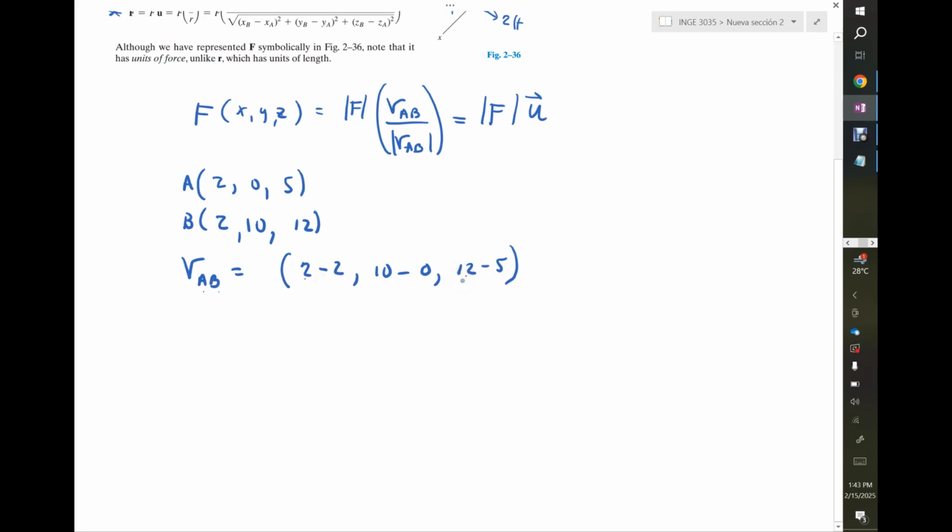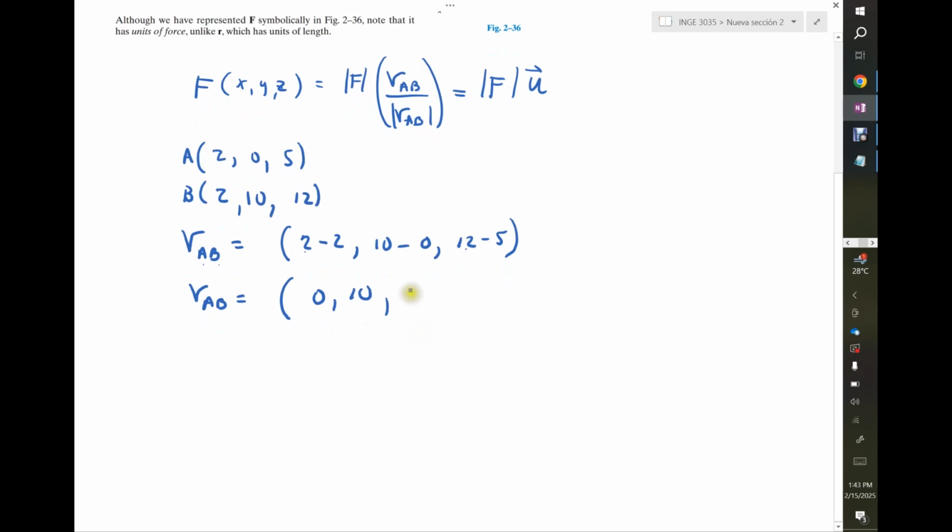Now with that said, the position vector AB is equal to 2 minus 2 is 0, 10 minus 0 is 10, and then we have 7 here, and we finish. That's the position vector. We need the unit vector AB. In that case, the unit vector is 0, 10, 7, but remember that this needs to be divided by something, and that something is the magnitude.